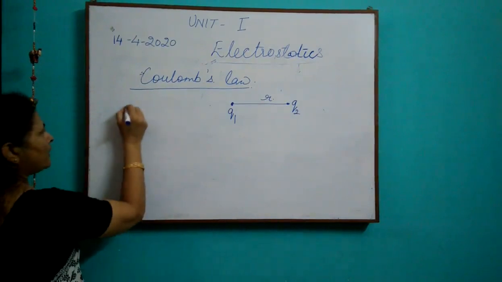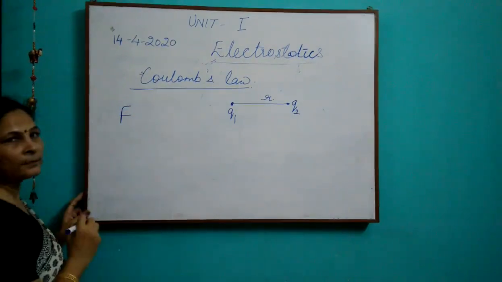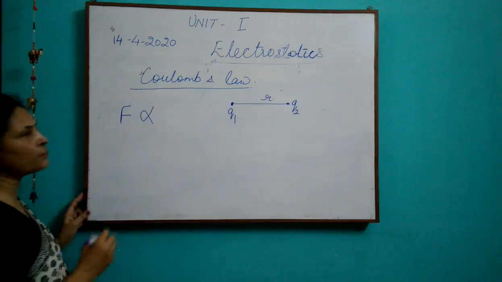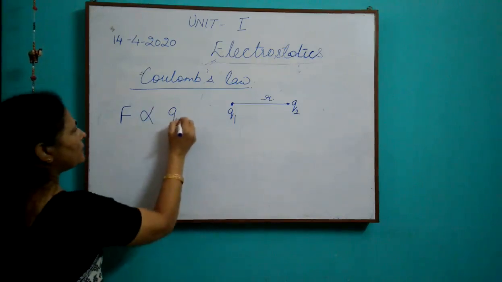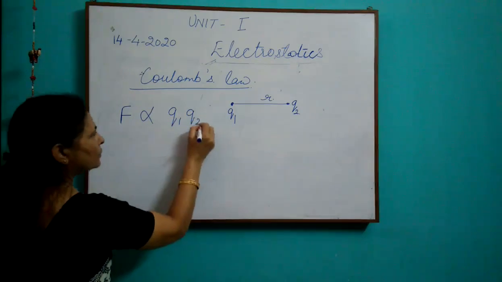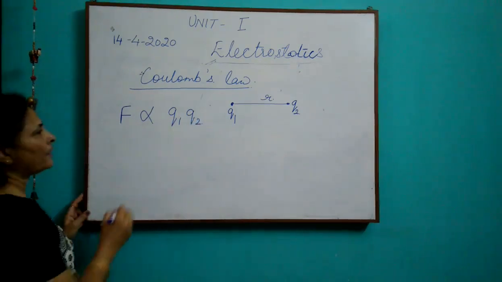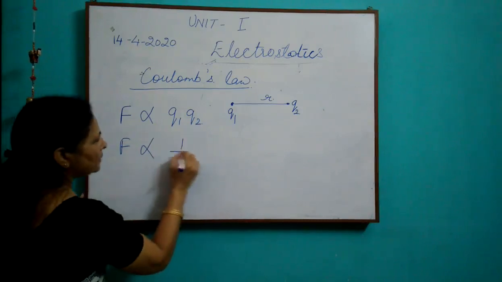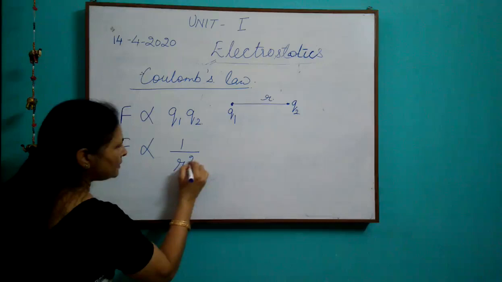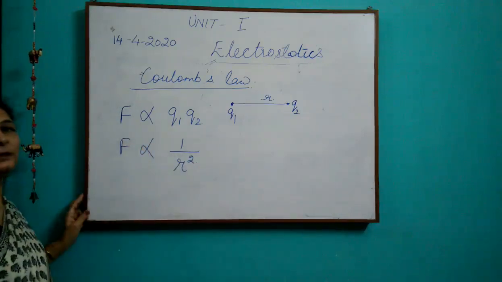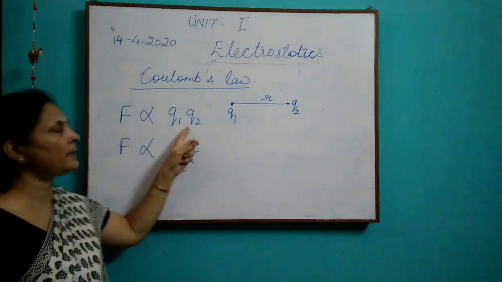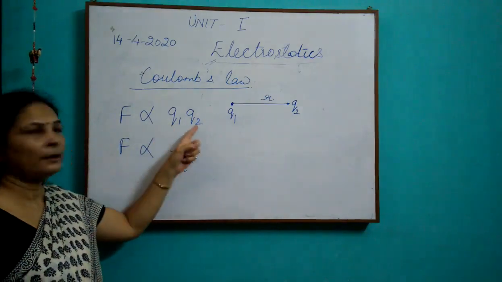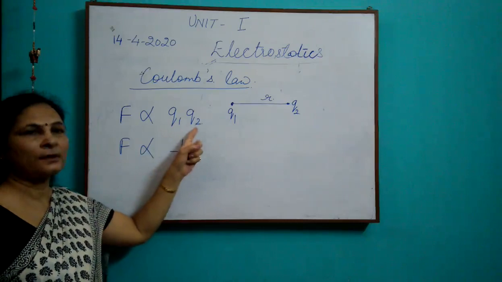Now the electrostatic force is found to be directly proportional to the product of the two charges and inversely proportional to the square of the distance between the two. So you can see that in the gravitational law there were masses, and here there are charges.